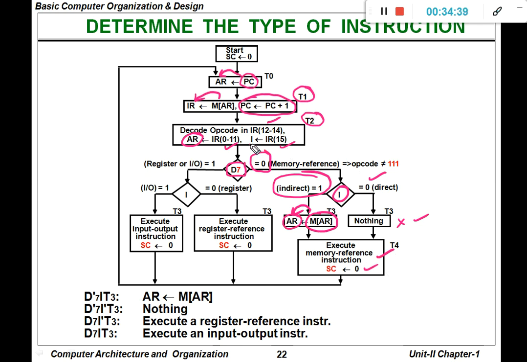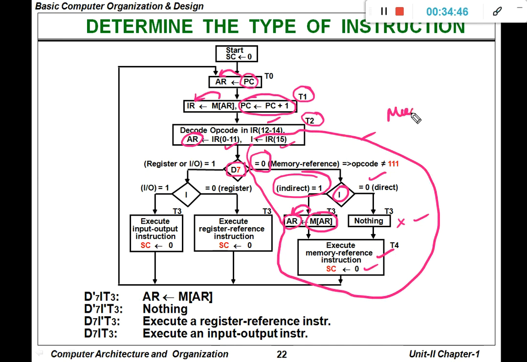This entire thing is for the memory reference instruction. Based on the value of D7, how we determine it is a memory reference instruction, I have explained in the previous lessons.